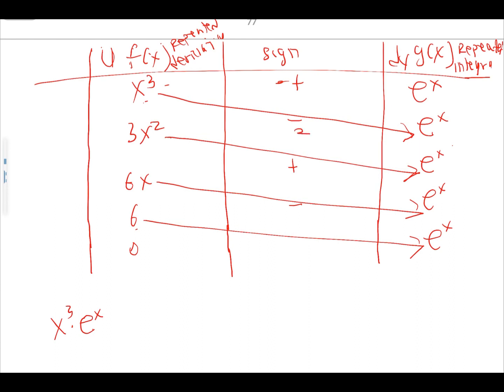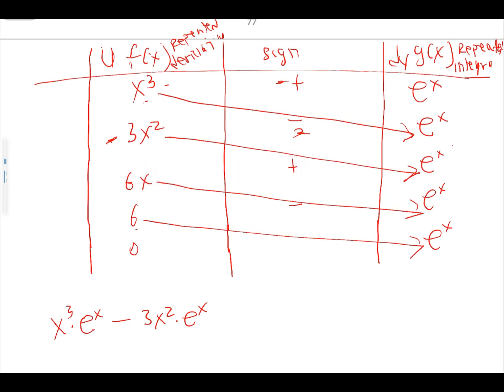The second one will have a negative sign, so it's going to be negative 3x squared multiplied by exponent x.